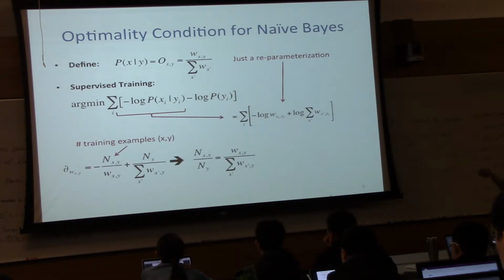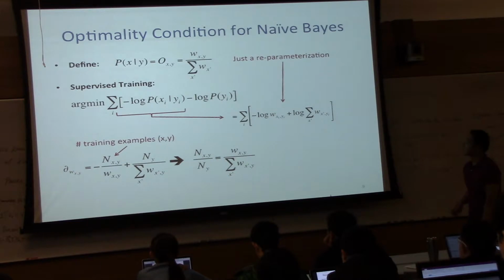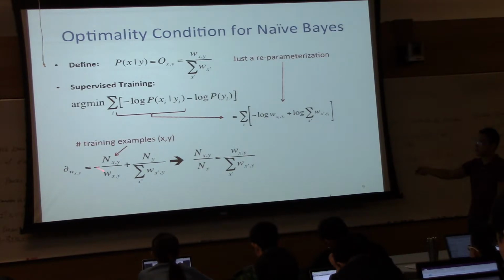And you could work out the derivation yourself, but the punchline is that if I set this gradient to 0, which is a necessary condition for optimality, then I move this to the side, divide by this, move this to the side, divide by this, multiply by this, and I get this, right?